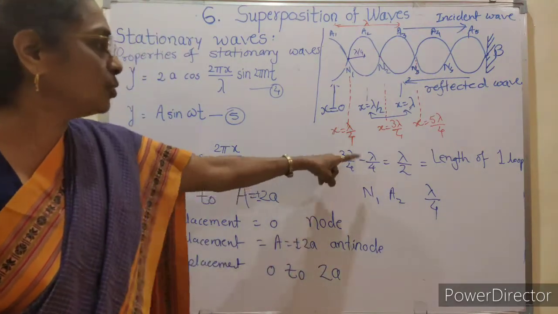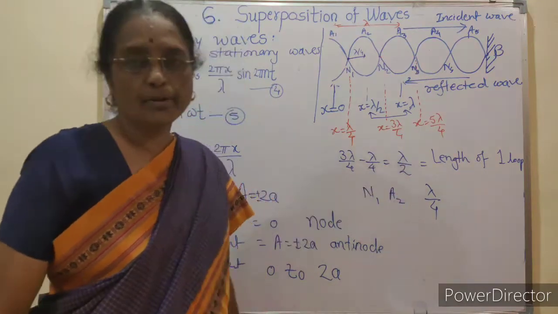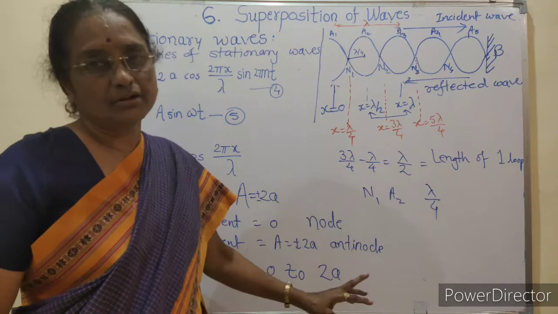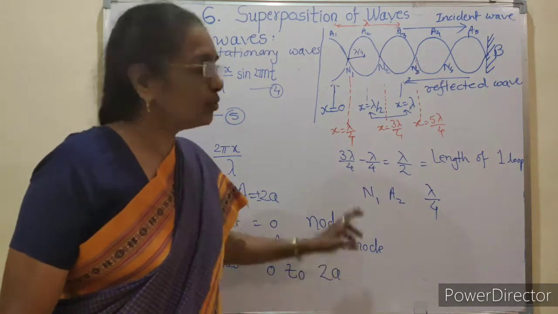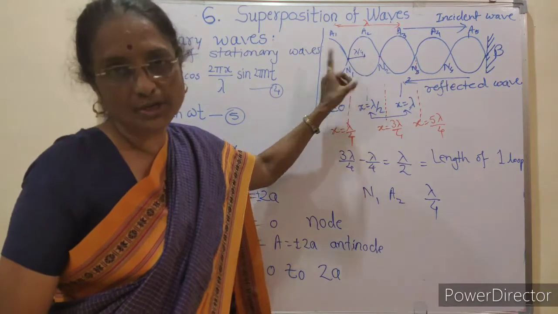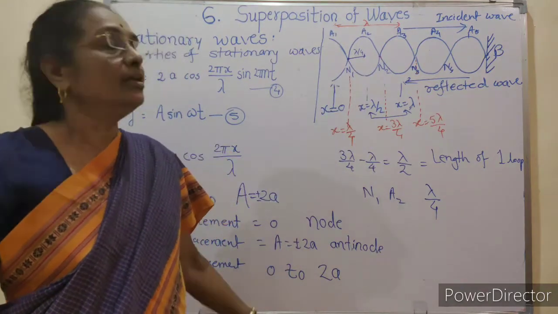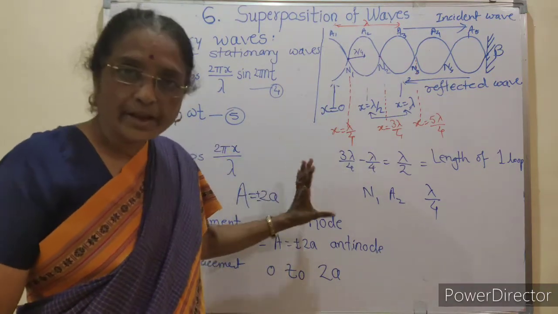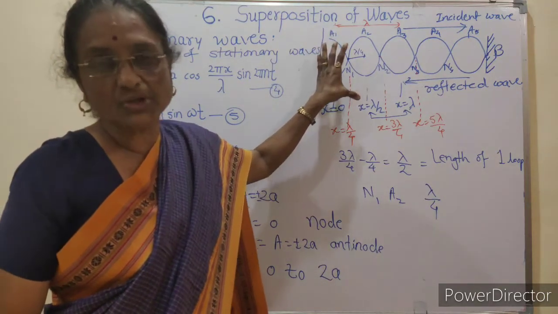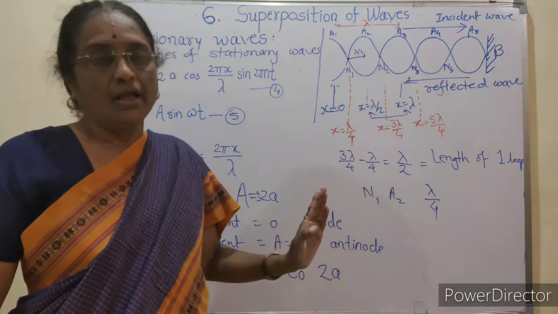The next property is related to the node and antinode. Between two successive nodes, the distance is λ/2. Between two successive antinodes, the distance is again λ/2. The distance between one node and the adjacent antinode is λ/4. These points we are explaining for transverse stationary waves.